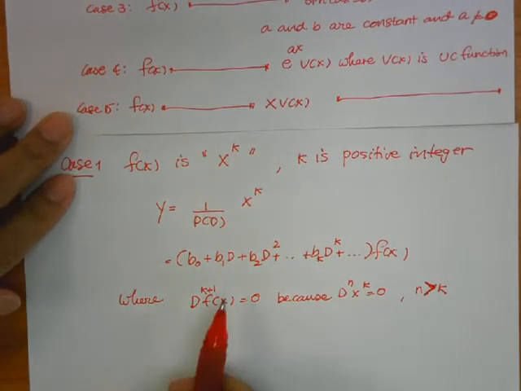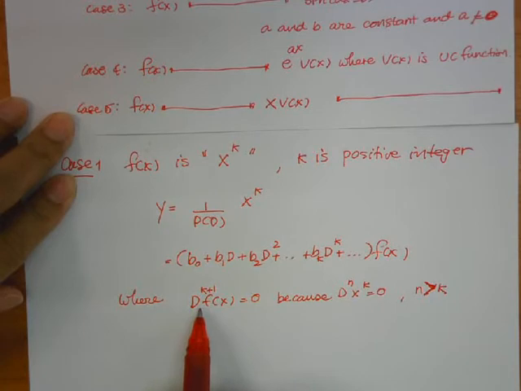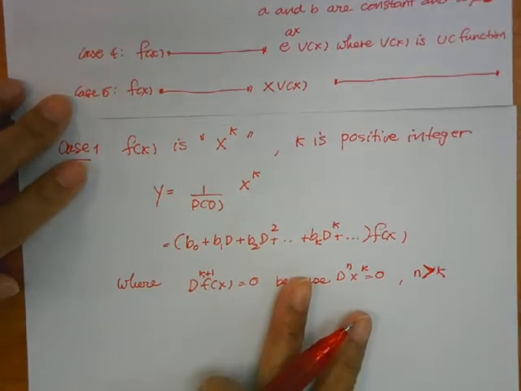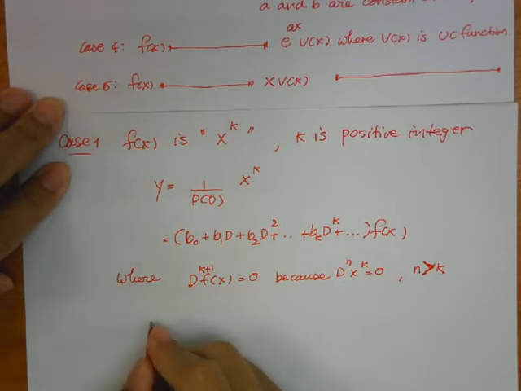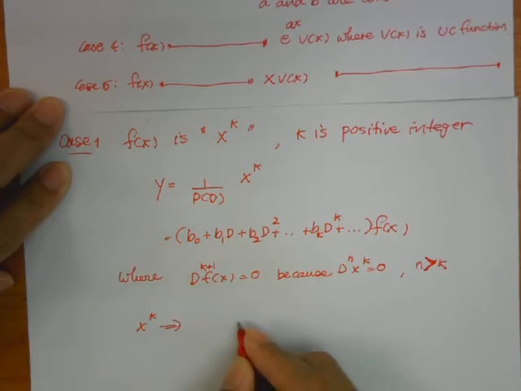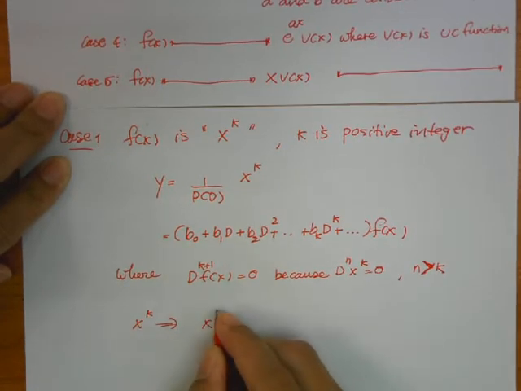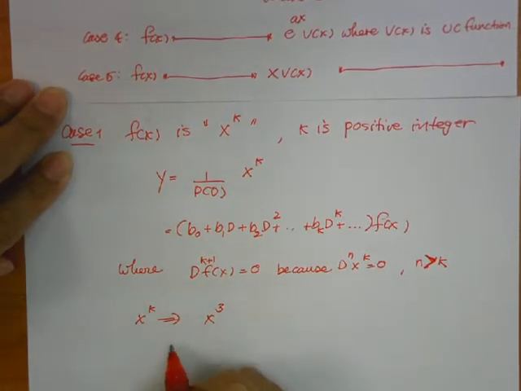Where the differential of f(x) at the k plus 1 time is equal to 0. What do I mean by this sentence? For example, if you have x to the power k as x to the power 3, when you do the first differential of x to the power 3, what do you get?